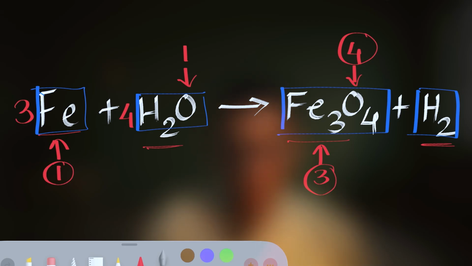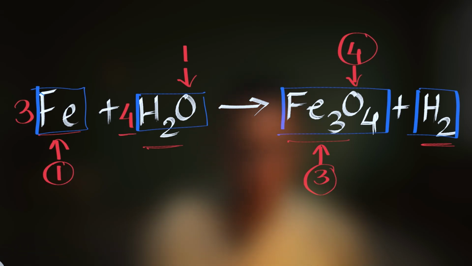So now when I have put this 4 in front of water, it is applicable to the entire box. So I got 4 oxygens on the left hand side, 4 oxygens on the right hand side. But because there is hydrogen in the box, this 4 is also applicable to hydrogen. So now I have in total 8 hydrogens on the left hand side. 4 into 2, that's 8 hydrogens.